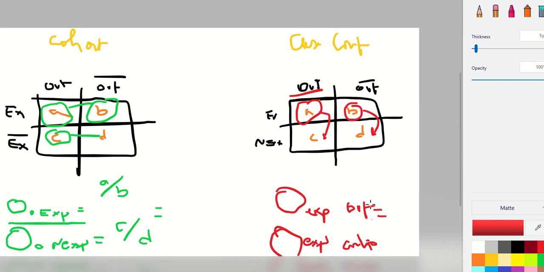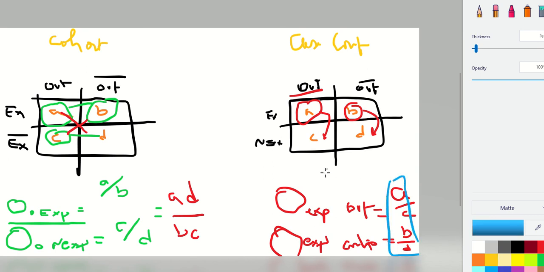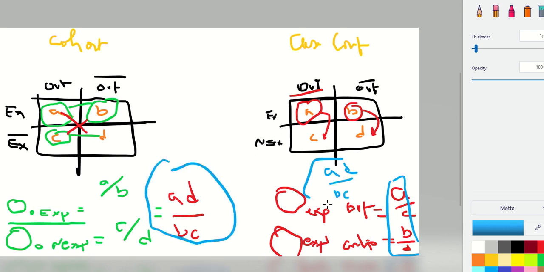So that is going to be A over C, and this is going to be B over D. I told you before that if you rearrange, it's going to be the cross multiplication, and you're going to end up with AD over BC. Strangely enough, if you also rearrange the whole, you're also going to end up with AD over BC. So really the formula for the odds ratio is exactly the same, whether you're doing it in a cohort or in a case control.